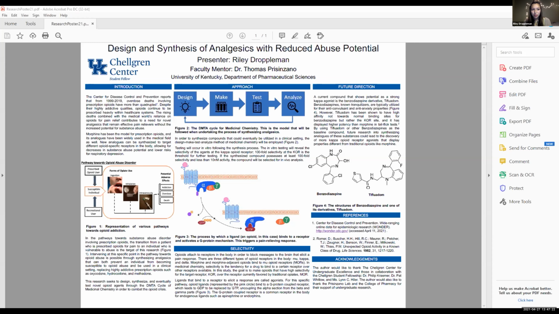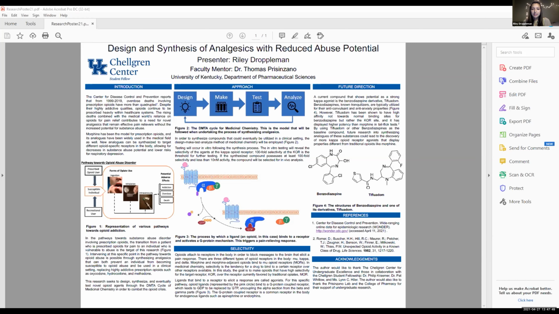We have 3 opioid receptors in the body, and they are mu, kappa, and delta. The receptor that is currently used by the drugs that are in circulation, such as morphine, hydrocodone, oxycodone, is the mu opioid receptor. And the mu opioid receptor works really well in relieving pain, but it does have that higher affinity for patients to come back to the drug and use it in a way that is not healthy.